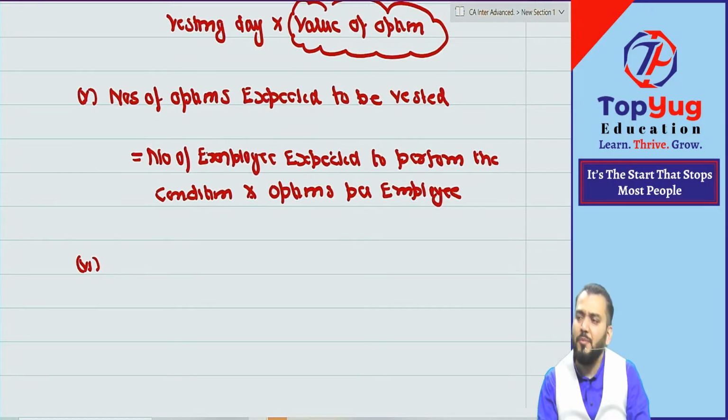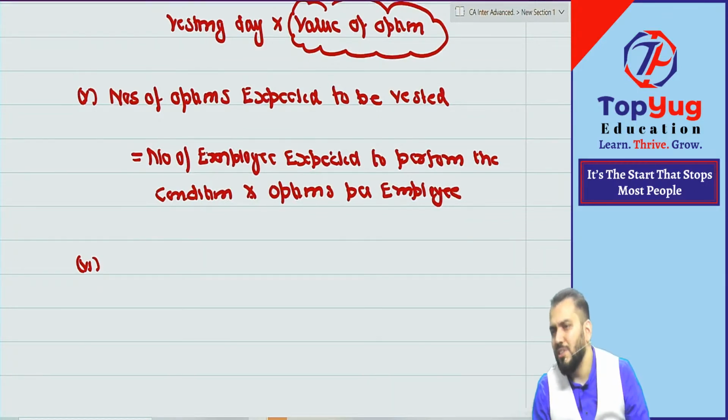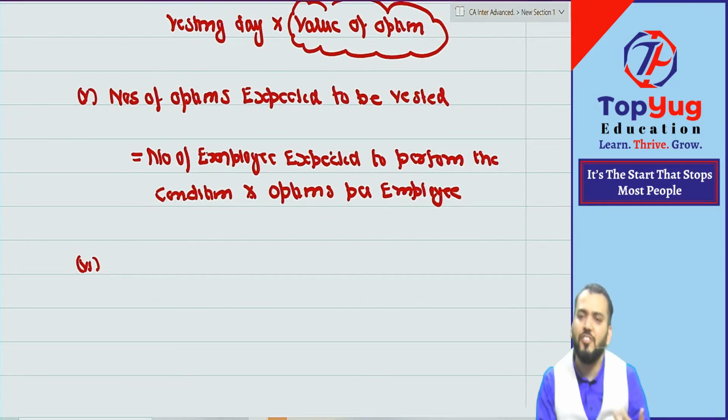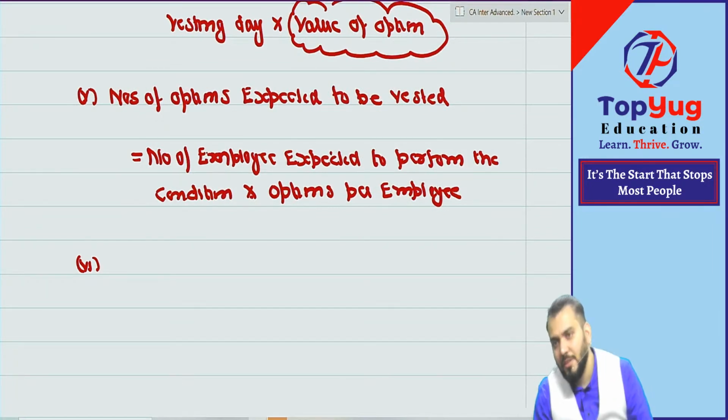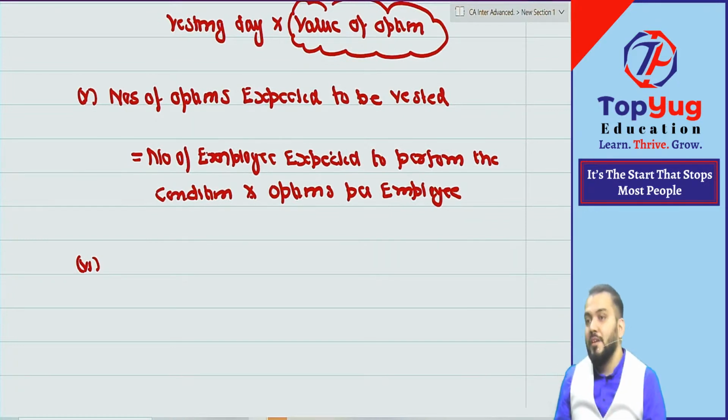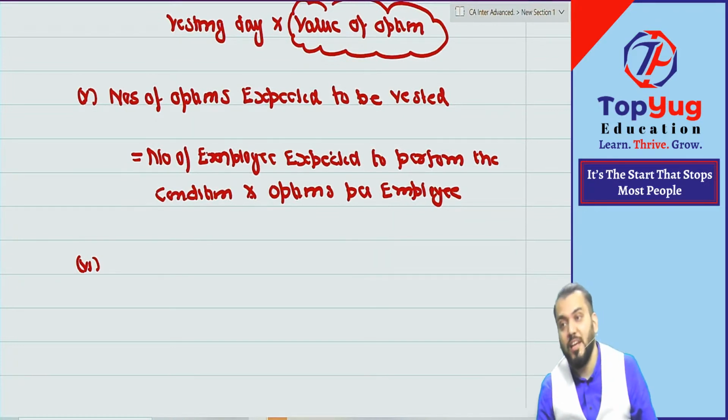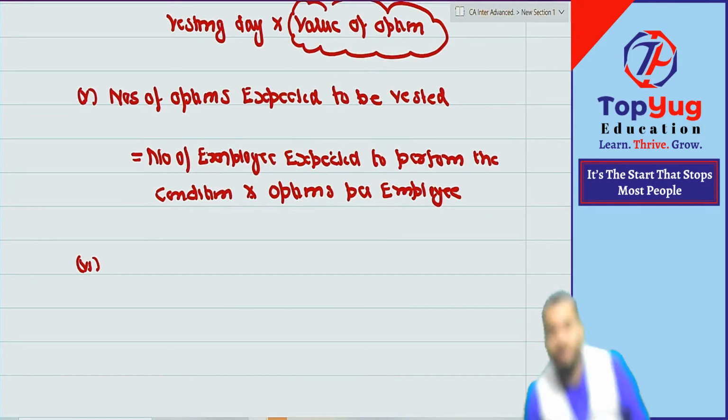The same chapter we have in CA Final also. So in CA Final we do a detailed discussion about fair value of option. Considering the syllabus of CA Inter, we didn't used to discuss fair value of option 2-3 attempts before. But now because the institute has started asking questions on fair value of option, it is our duty to inform you about fair value of options. Correct now?